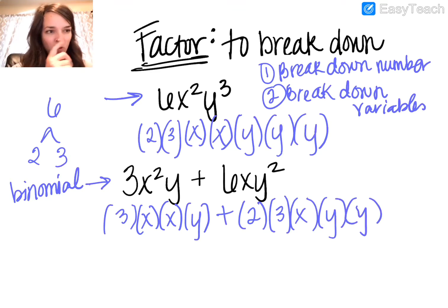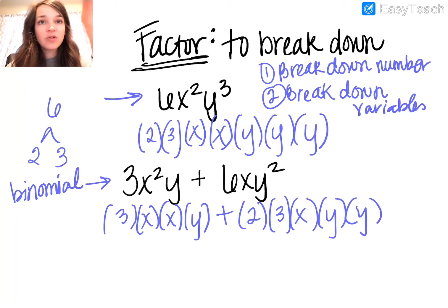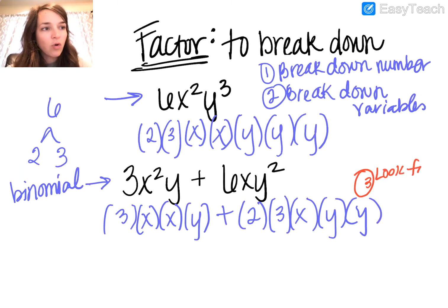So now we want to look at, are there any common factors in those 2? Because if there are any common factors that they share, we want to take them out, okay? So that's an additional step whenever you've got more than 1 term. So if it's not just a monomial, you have to break it down, but then, step number 3 in these, you look for common factors, okay?